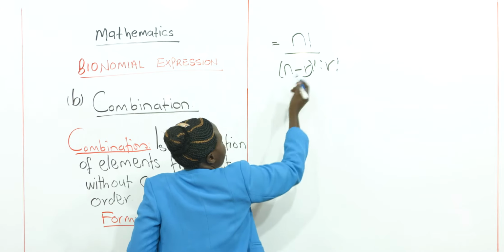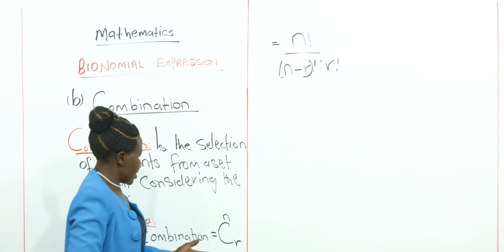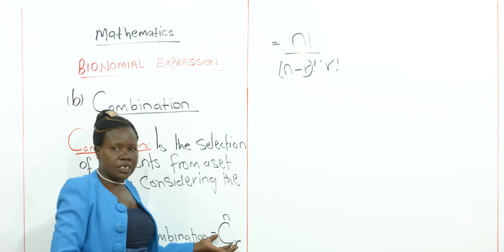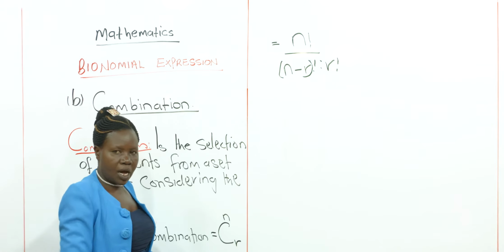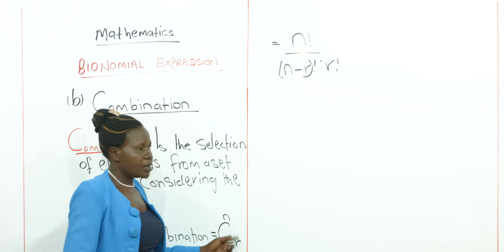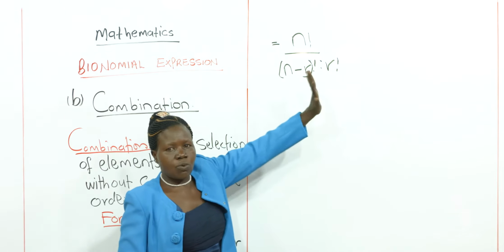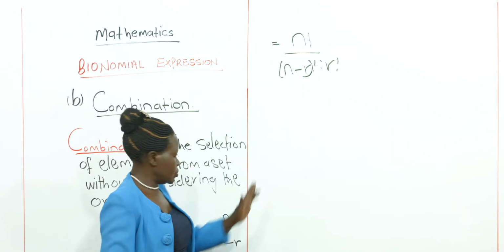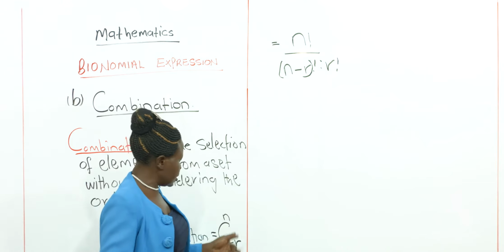So dear learners, this is the formula for combination. In most cases they always use symbols. They will say C raised to n base r equals this, so work it out. Or they will give you the n and the r, and then C raised to this number base this number.